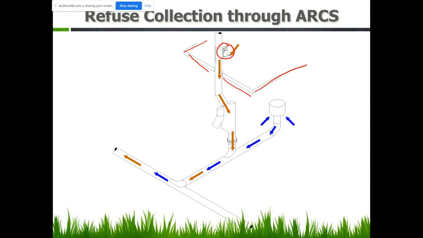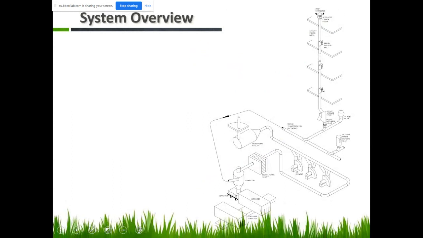But for this system, we also need to include the design of the vent pipe in here. This is to relieve the pressure, and to exhaust or limit the path of the smell from the solid chute.